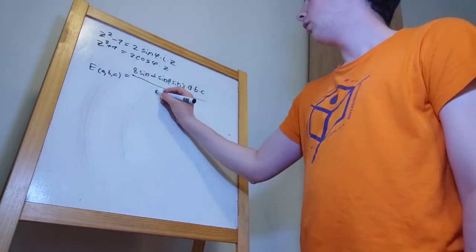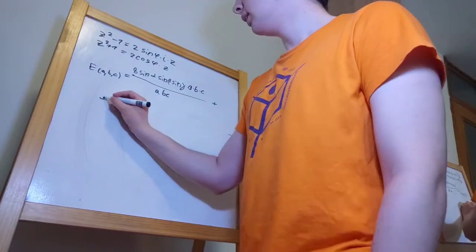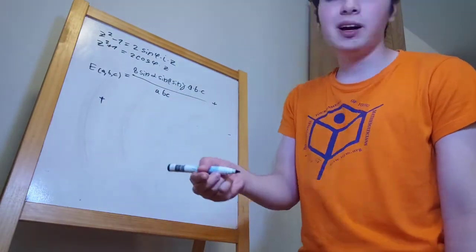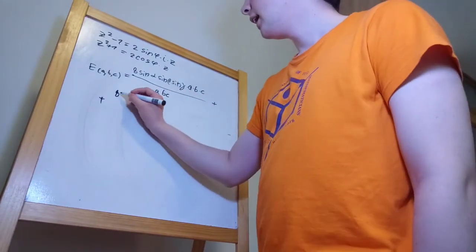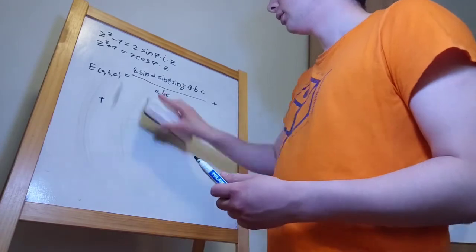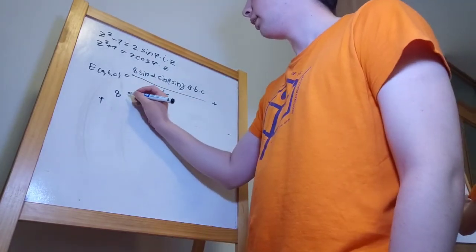Over ABC, and then we had A squared plus 1, B squared plus 1, C squared plus 1, which will give us, wait, let me rewrite this, oh my god, this whiteboard just gets really black after a while.